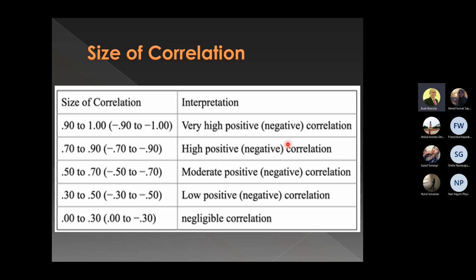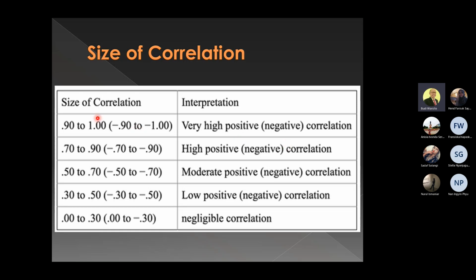And then we can also classify the values of correlation. We know that the correlation coefficient is between -1 and 1, and we can classify the value into classes like this.